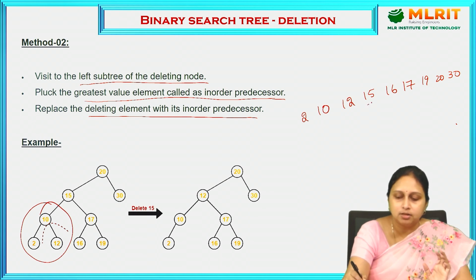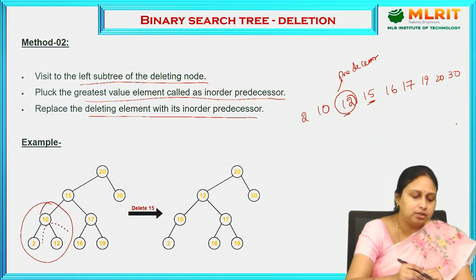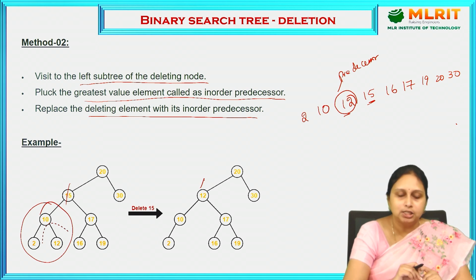The predecessor is the element just before 15. This is the predecessor, the previous element. This has to replace 15. That means I am going to delete 15 and that is going to be replaced here. Like this way, method 2 is applicable.